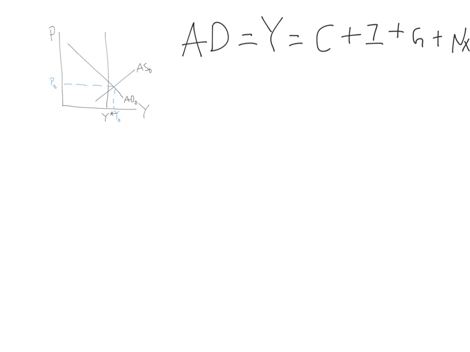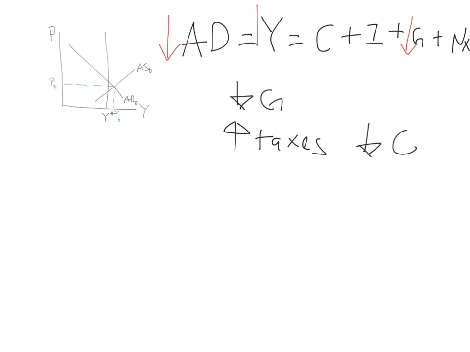It can reduce government spending, or it can increase taxes, which has the net effect of reducing consumption and investment as well. But again, just keep it simple. Let's say it reduces government spending. Then aggregate demand will fall and the economy will start to slow down. We can depict that as a shift inwards in our aggregate demand curve.